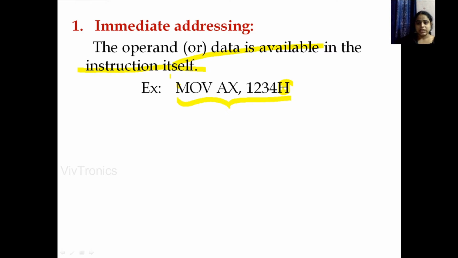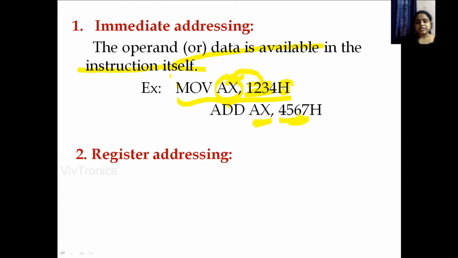H stands for hexadecimal. So 1234 is the immediate number that is directly moved to the AX register. Another example: ADD AX, 4567, which adds the content of the AX register and the number 4567 immediately.